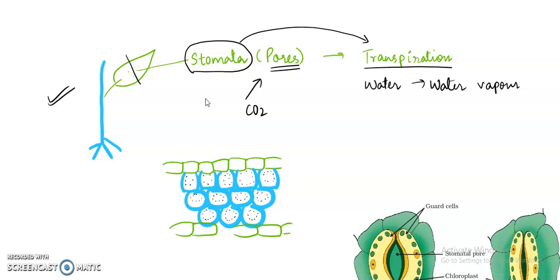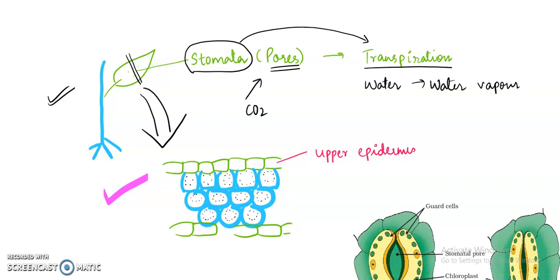If you cut the leaf in its transverse section and observe it under a microscope, it will give you a section like this. The leaf on the upper side will contain an epidermis, which will be known as the upper epidermis. However, on its lower side, the leaf will also be protected by the lower epidermis.